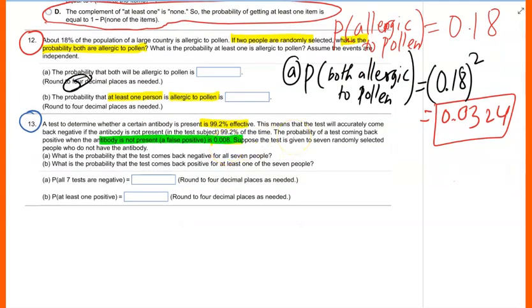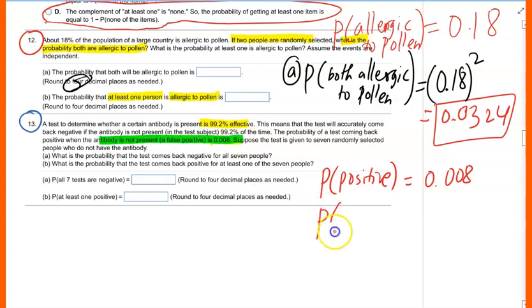One is the probability that the test comes back negative, and the other is the probability that the test comes back positive. The probability that the test comes back positive is going to be 0.008 over here, and the probability that the test comes back negative is going to be 0.992.